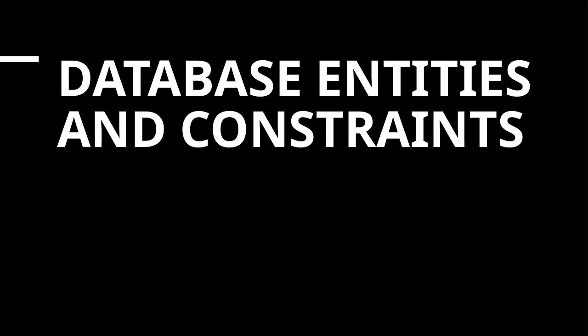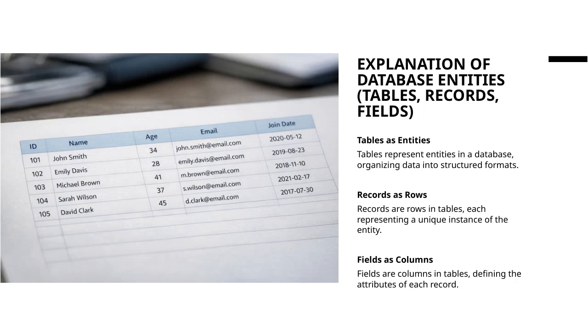Understanding how entities and constraints interact is essential for designing a robust database structure that supports consistent and meaningful data storage. In a database, tables are used to represent entities, which means they organize data into a clear, structured format that's easy to understand.